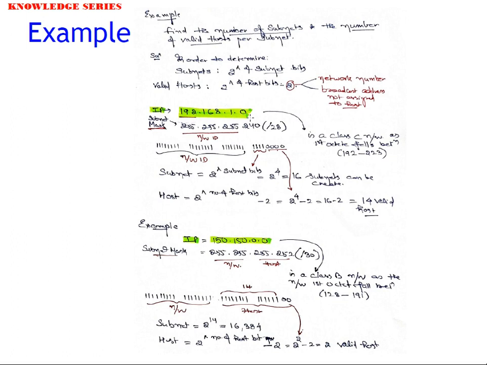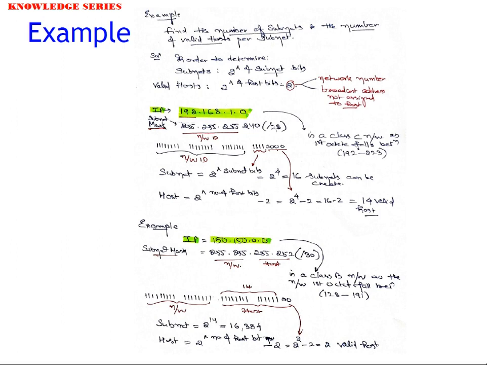Now here the IP given is 192.168.1.0. 192 means class C. So these three are the net ID and this is the host ID. So our mask is 255, 255, 255, and here the host part is 240, because we are keeping 4 bits as 0 and the rest as 1. Why? Because here we calculate 32 minus 28, which is 4.